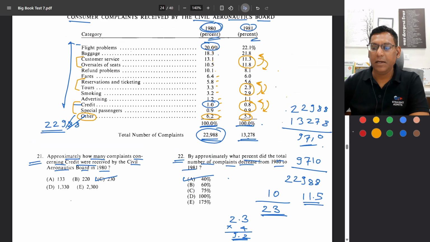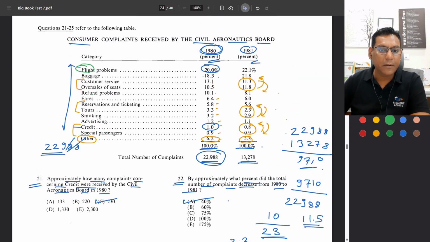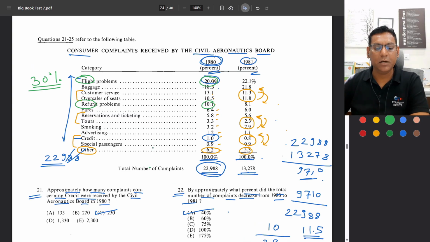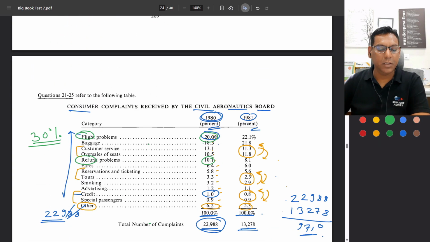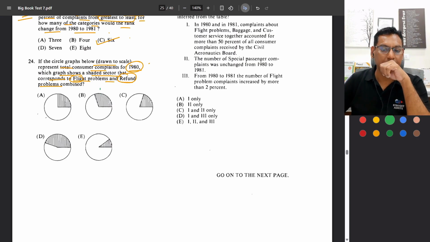So that is 10 and 20, so that's basically 30%. That means the pie chart has to be close to one third.